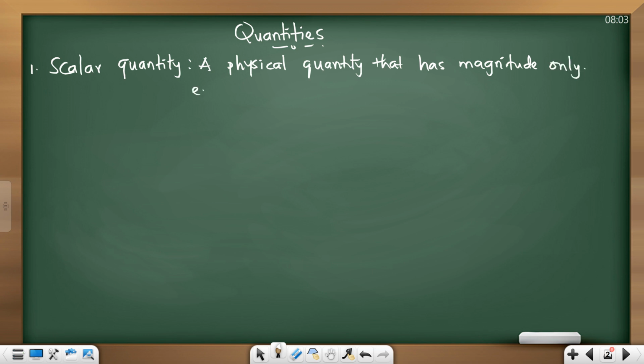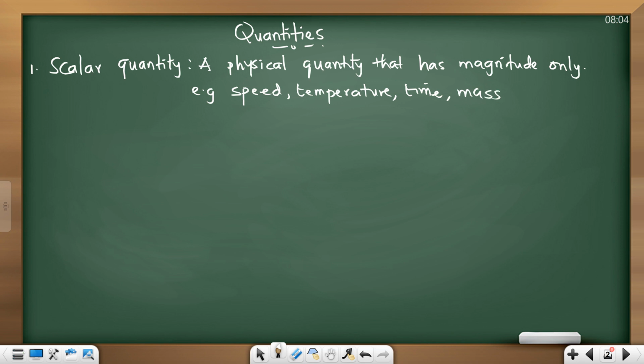Anybody? What do you remember from grade 10? Quickly. Beautiful. Thank you. Speed. Temperature. Let's see, I think one more example came in. Oh, still speed. Lovely. What about time? Mass.